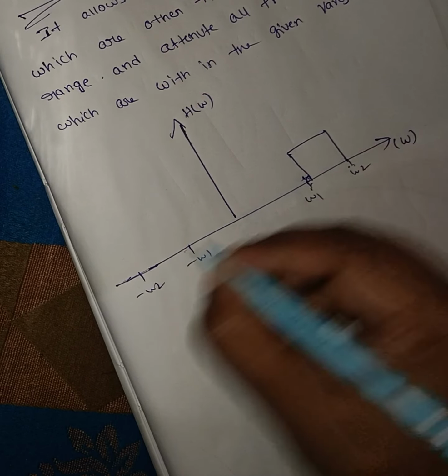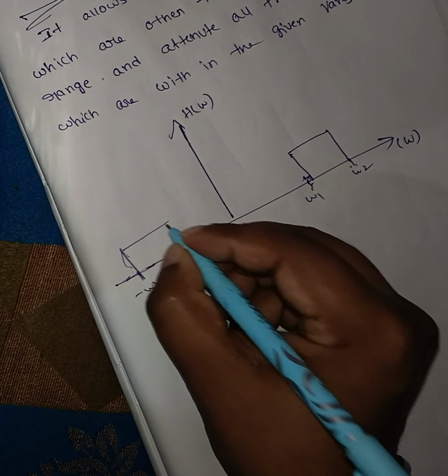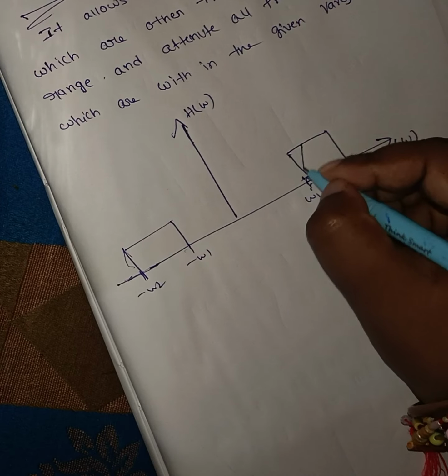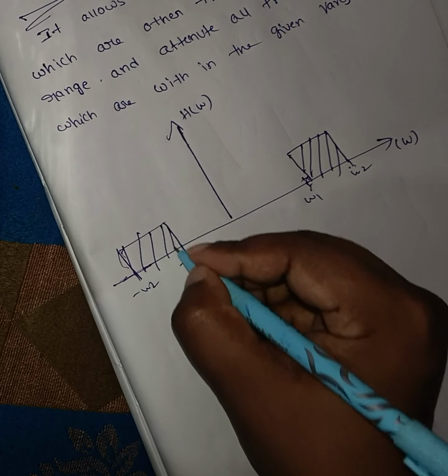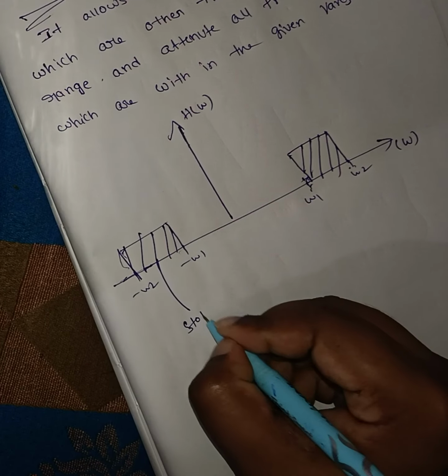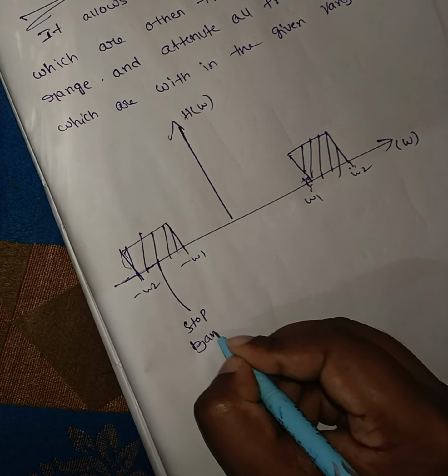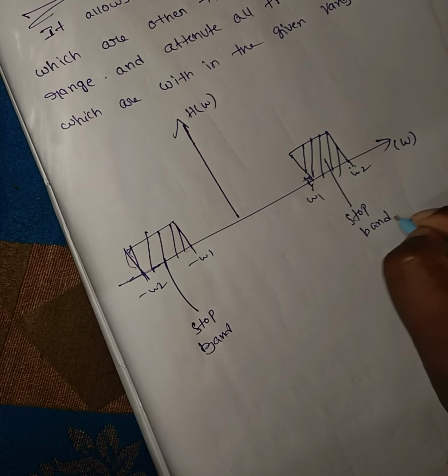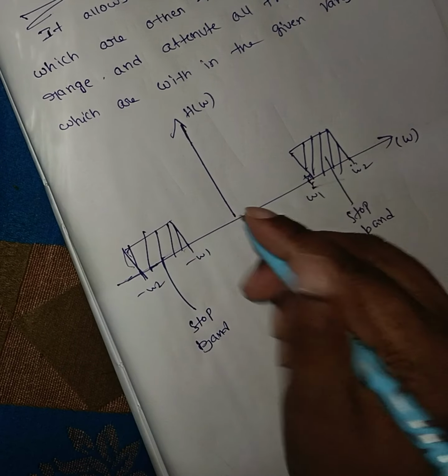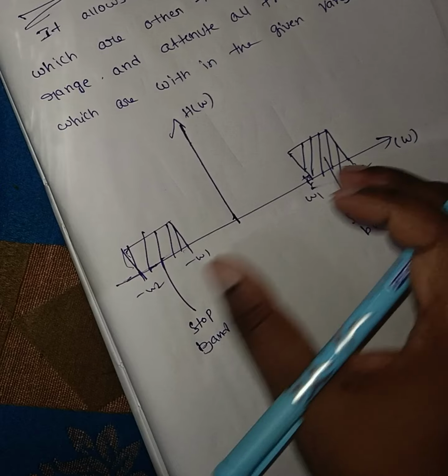So this component and this component are the stop band. In between the range, it will stop. This is called stop band. And it will pass all frequency components other than this given range.